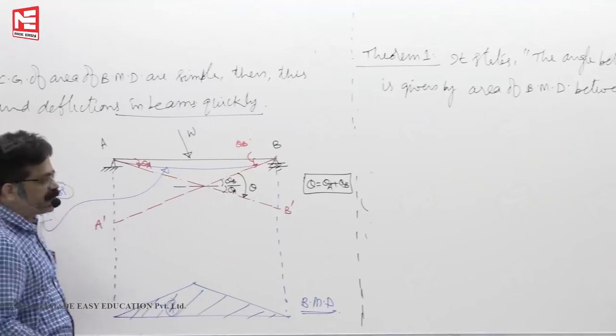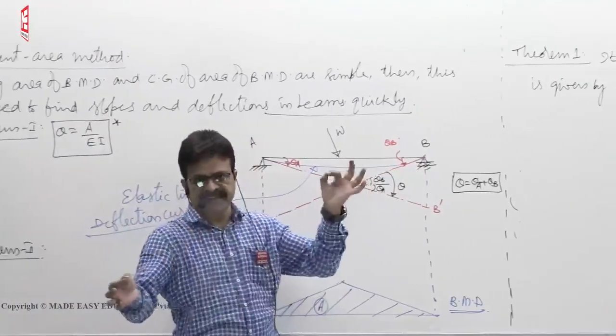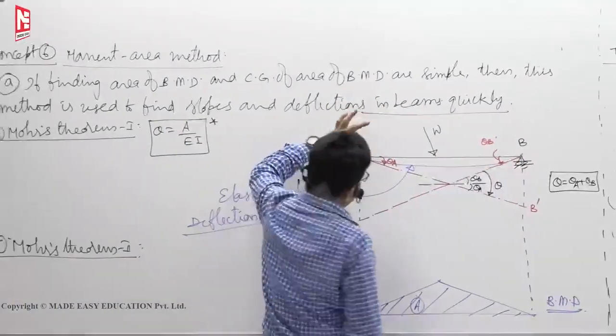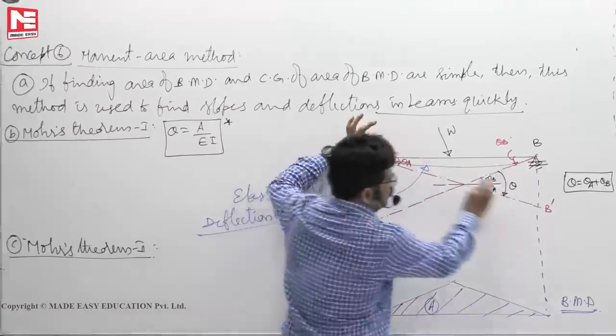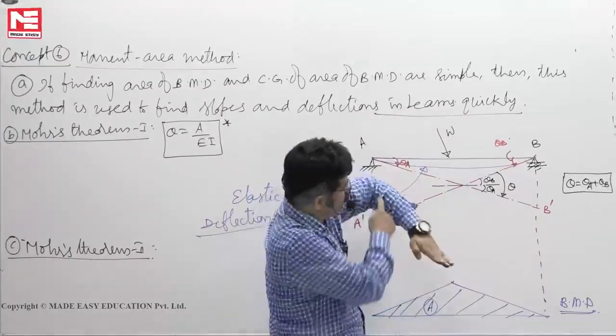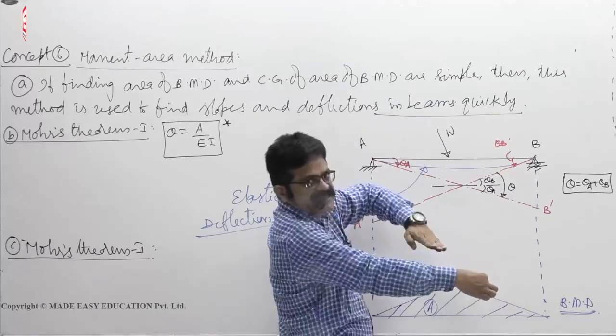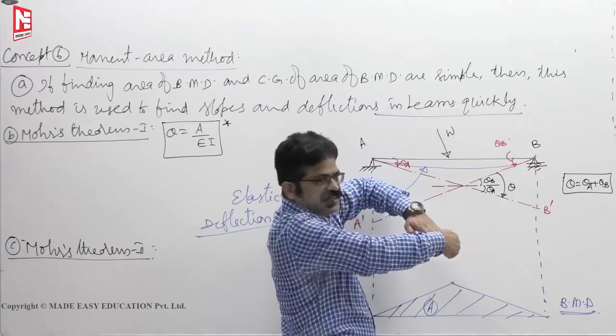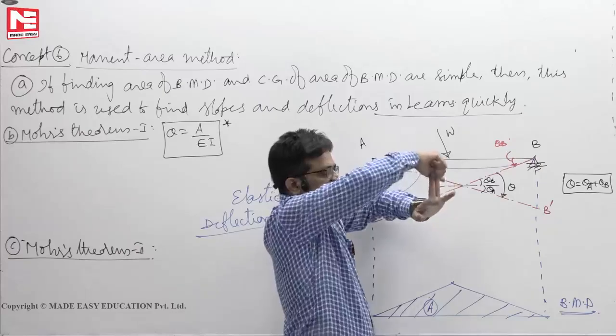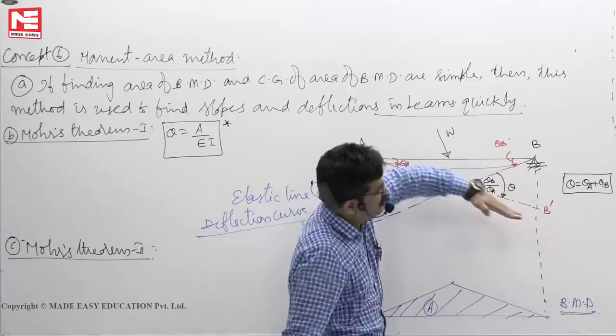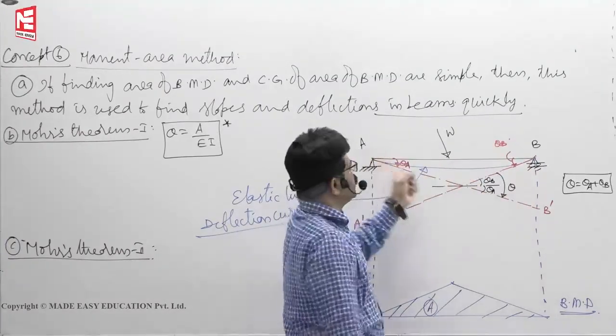Now you see, assume that you have a small string. One end of the string you hold it here, other end of the string is B dash. So A B dash is a straight line. Now hold the string at B dash and lift it like this. Then this red color dotted line will lift up, it will take a blue color shape.